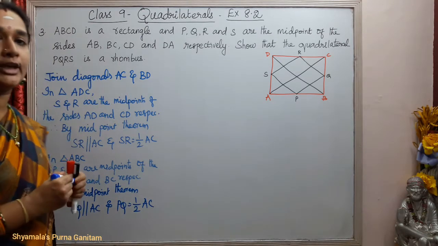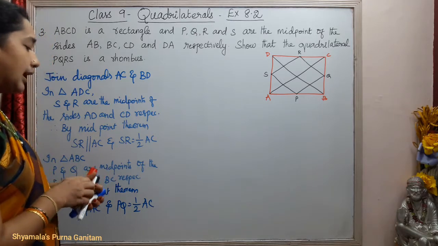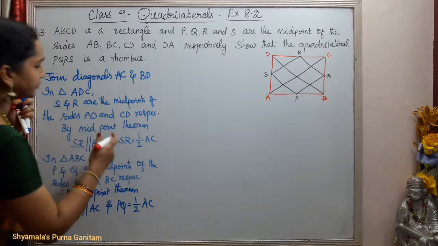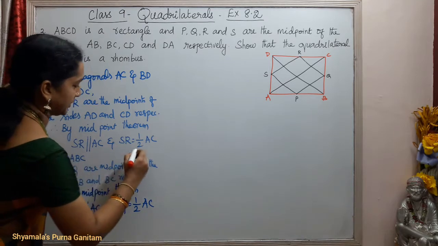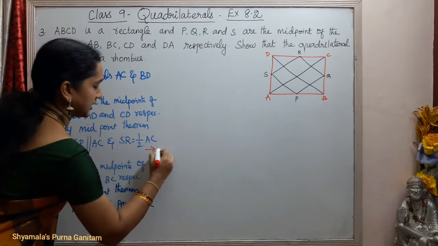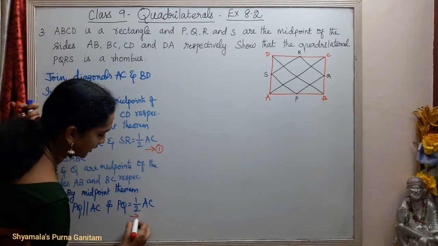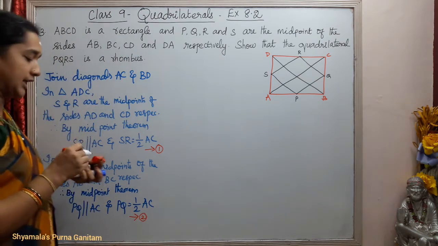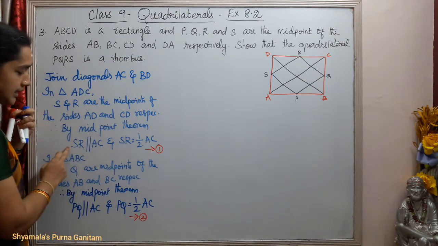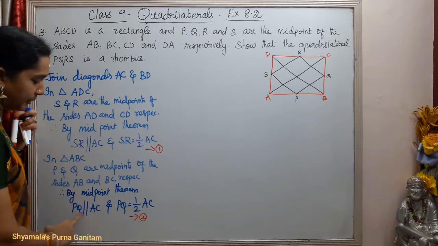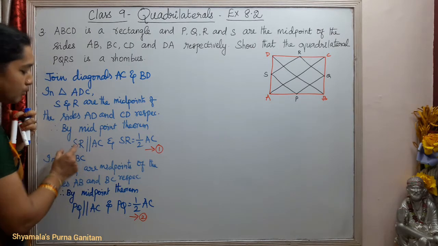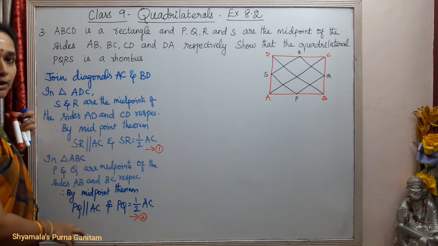We will take this as the first equation, and this as the second one. So from 1 and 2 we can say that SR is parallel to AC and PQ is parallel to AC. Both these line segments are parallel to AC.